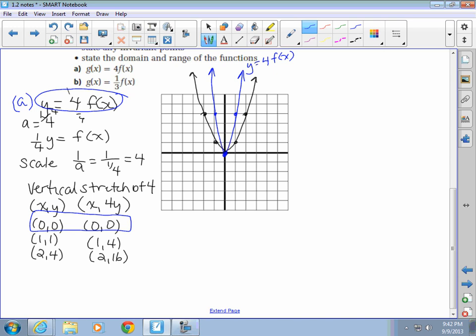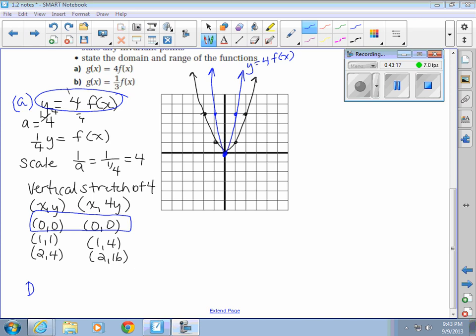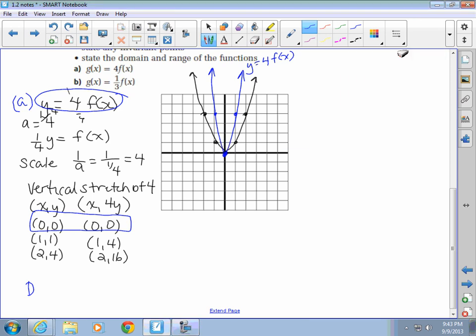So now to do b. Oh, we need to state the domain and range of this function. Sorry about that. I was just having a little choke. Now I'm okay. So our domain for this one, if we look, we could choose any x value that's on there.